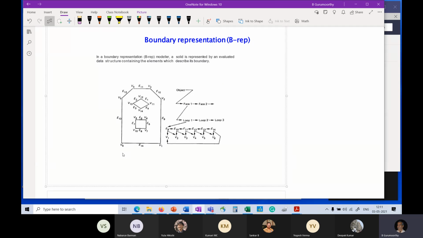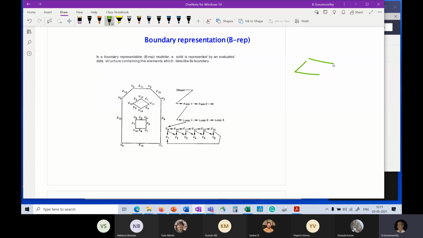One additional thing that we had not looked at in the description so far of the boundary representation is that I can have parts with holes or cuts made in them, right?